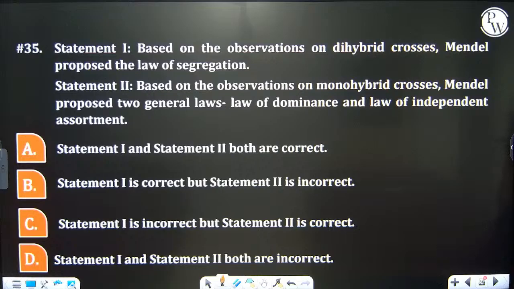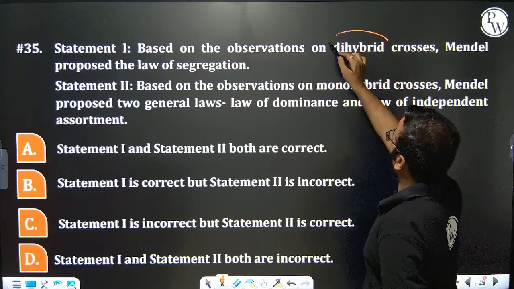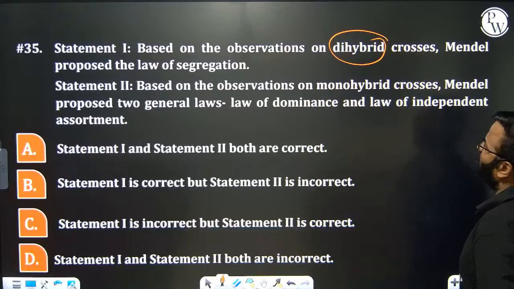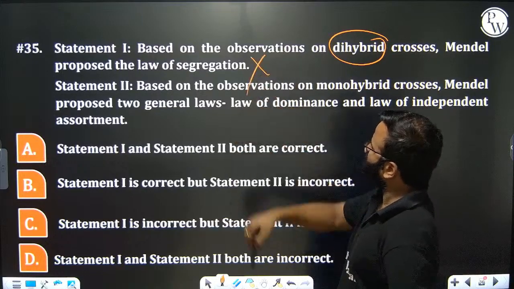Based on the observations on dihybrid crosses, Mendel proposed the law of segregation. Why do you need dihybrid for the law of segregation? Even monohybrid can explain it, so this is false.